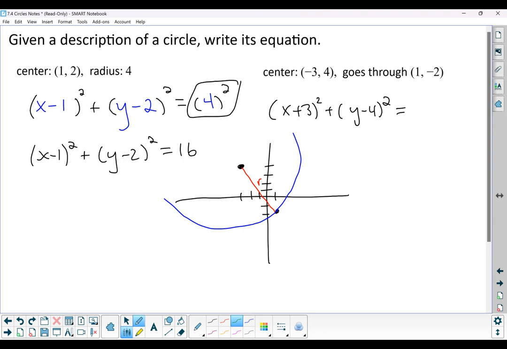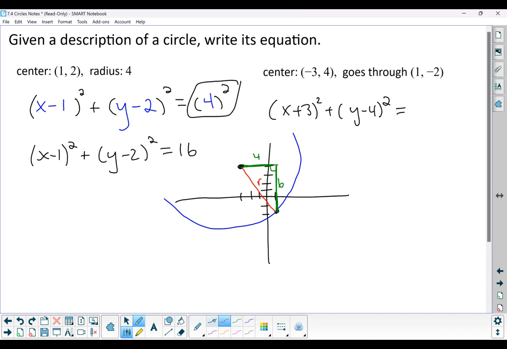Okay, so what you could do, if you've already gone this far in doing a sketch, you could just build yourself a little right triangle. And building that right triangle, you can see that this horizontal distance is 4, and this vertical distance is 6.